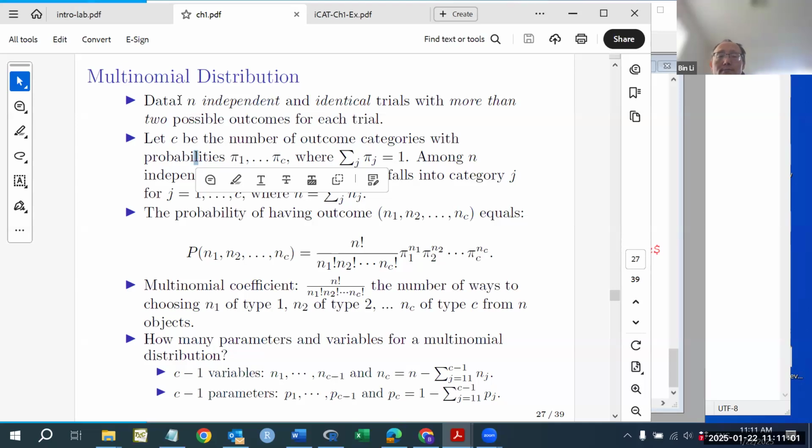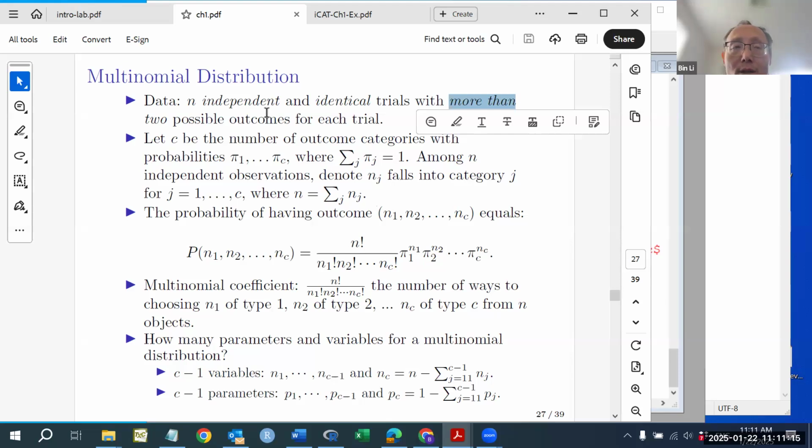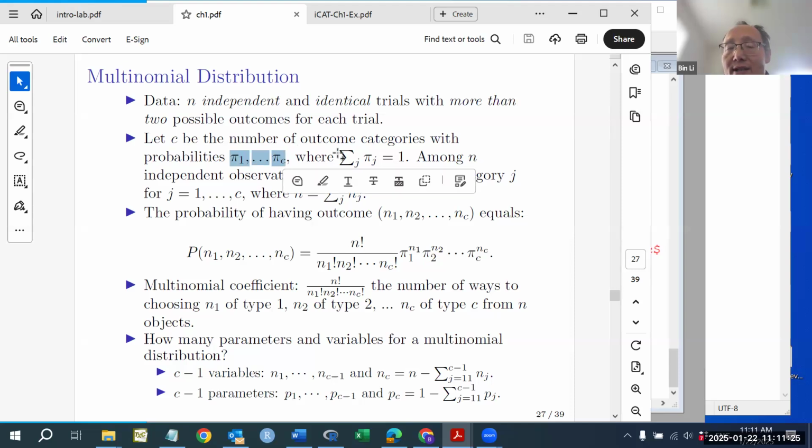So the data are IID trials, independent and identical trials, with more than two possible outcomes. And here, let C be the number of outcome categories with probabilities pi 1 through pi C. We have the summation of those pi's equal to 1.